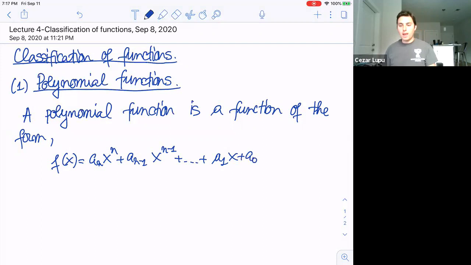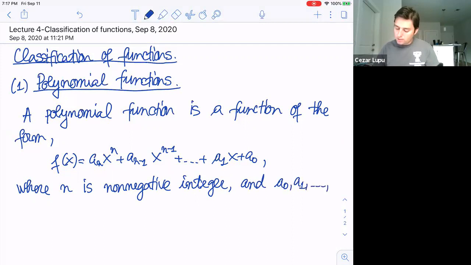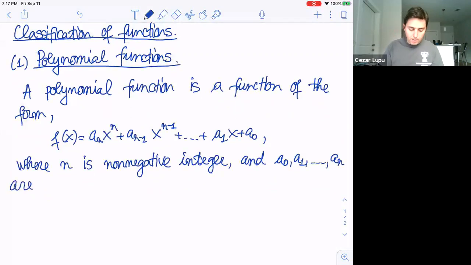So this is what we call a polynomial function, where n is a non-negative integer, and these numbers a0, a1, ..., an are constants. And we call these constants the coefficients of the polynomial function.